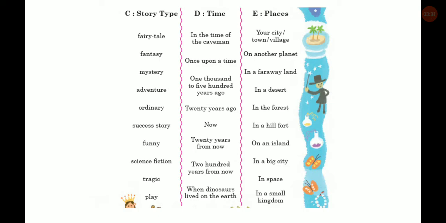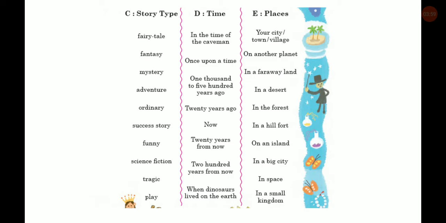If your story is a fairy tale, it should be in the time of the caveman, or you have to write certain things like this. Suppose you are taking a fantasy story, it begins with once upon a time. If the story type is an adventure, then it starts like 1000 to 500 years ago.